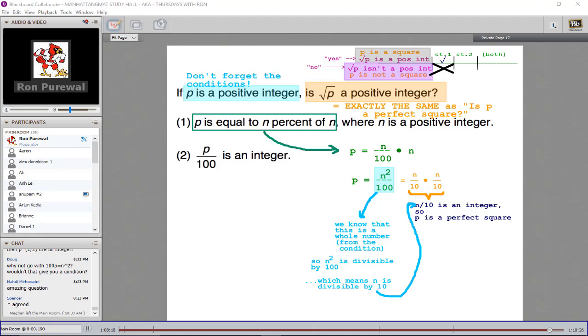Now let's take a look at statement 2. Statement 2 just tells you that P is some multiple of 100. So that's not going to tell us. I mean, it could be a perfect square. If P is 100, it's a perfect square.